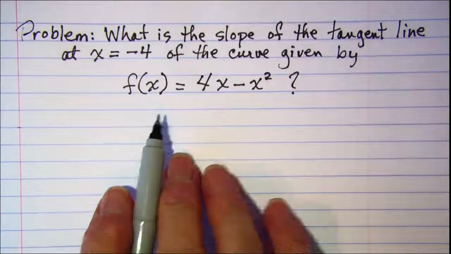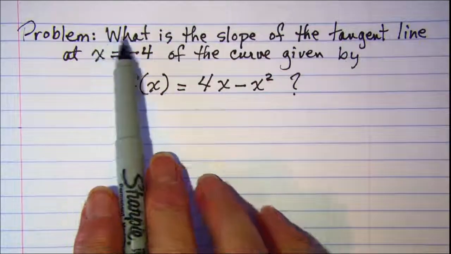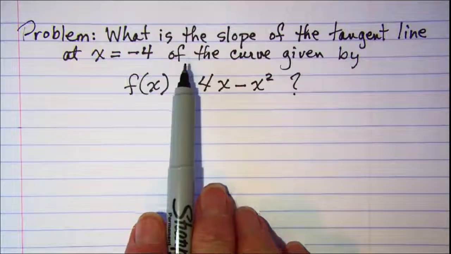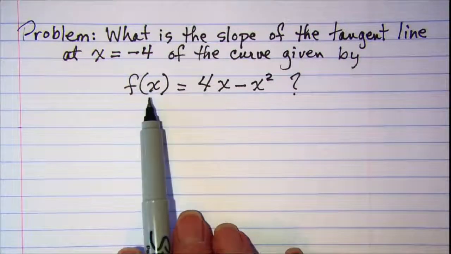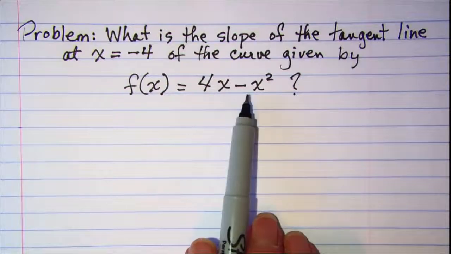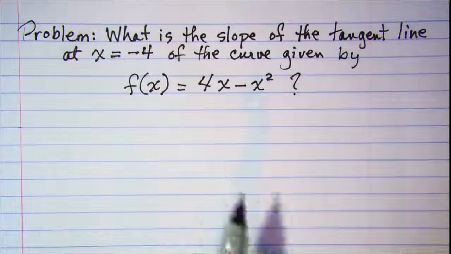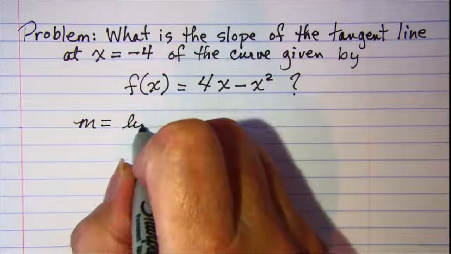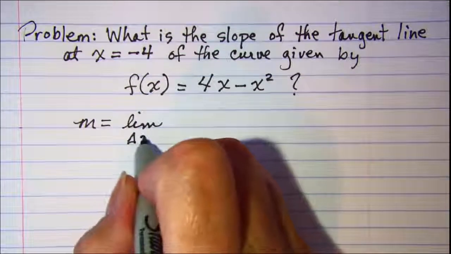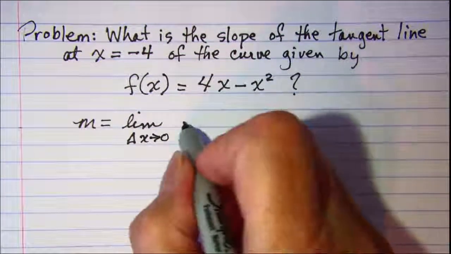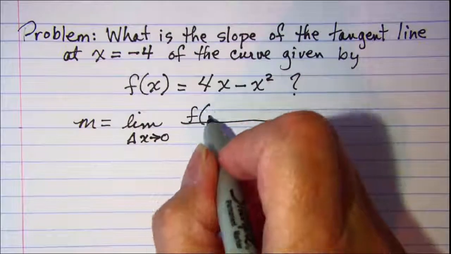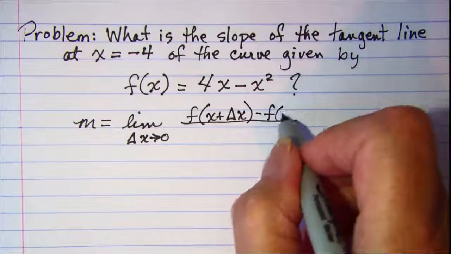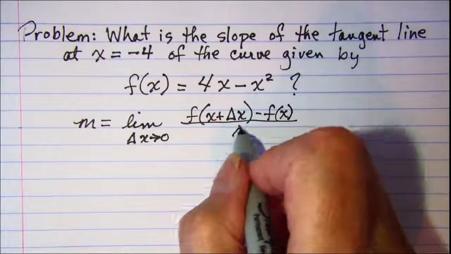So let's use that definition to answer the question, what is the slope of the tangent line at x equal negative 4 of the curve given by the function f of x equal 4x minus x squared. So let me recopy that definition. M is the limit as delta x approaches 0 of f of x plus delta x minus f of x over delta x.